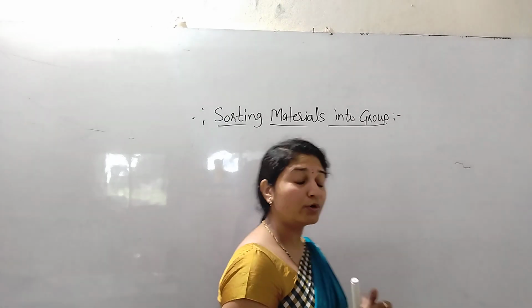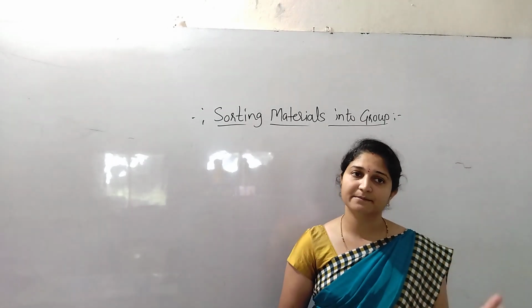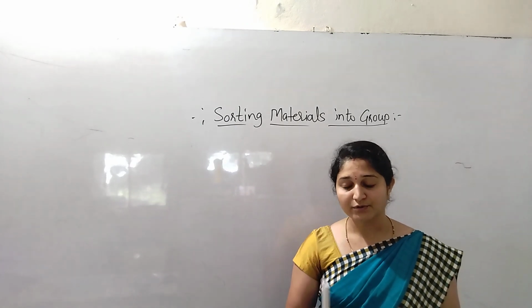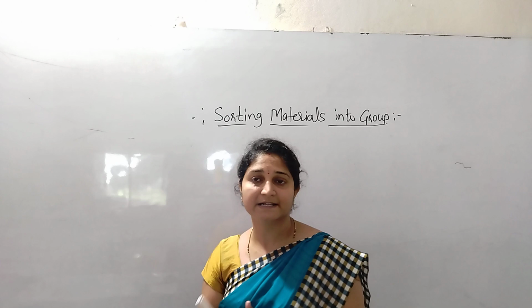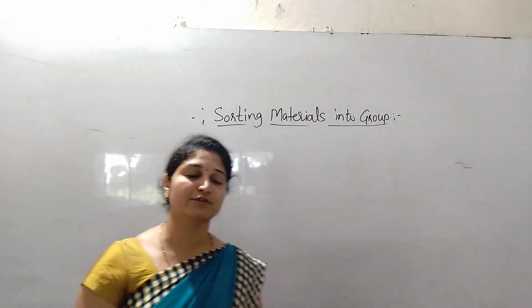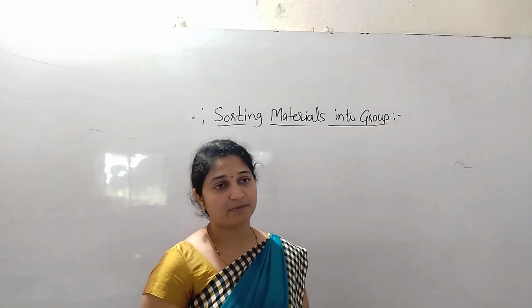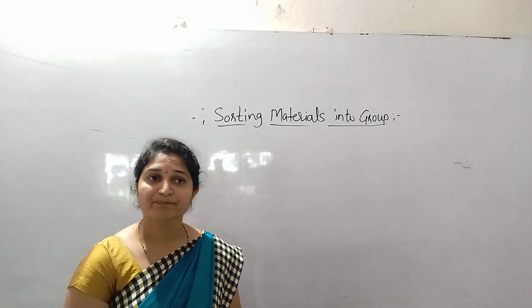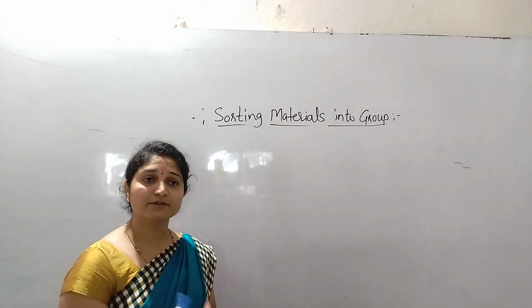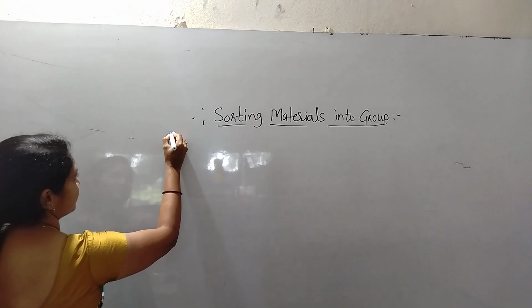So how do we come to know that these are made up of plastic and these are made up of another material? It is when we understand the properties of those materials. Once we know the properties of materials, it is easy to make them into groups. Then what are those properties? So, properties of materials.